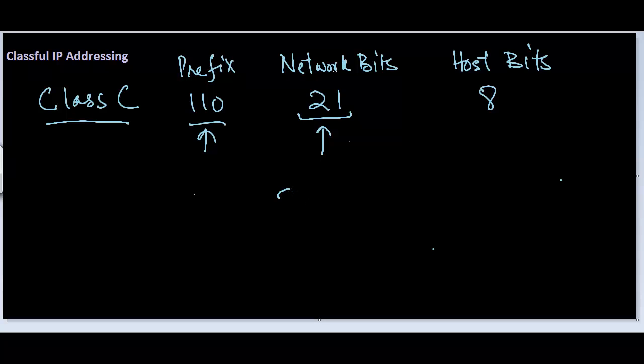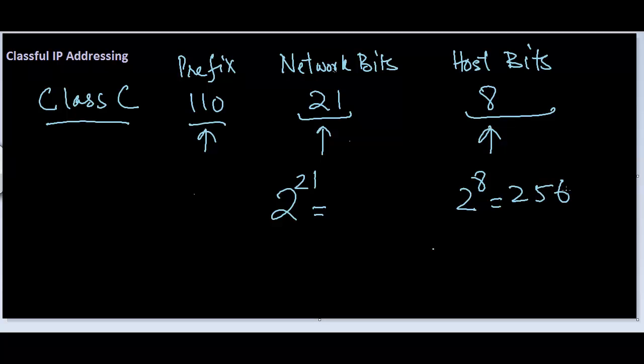Well, the answer is 2 raised to power 21. Okay, and how many hosts can we have on each class C network? Since we have 8 bits to assign the host address, therefore the maximum possible host addresses would be 2 raised to power 8, which is 256.